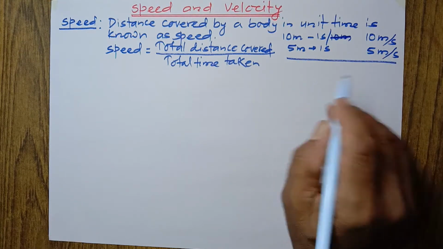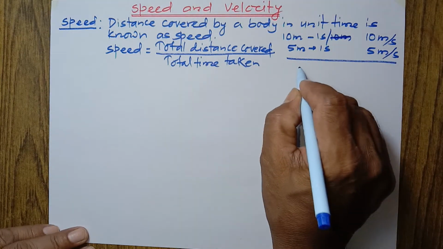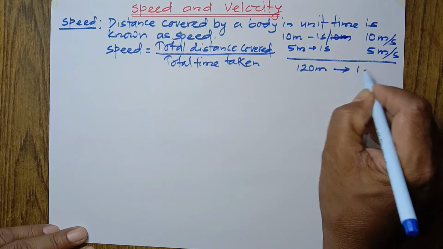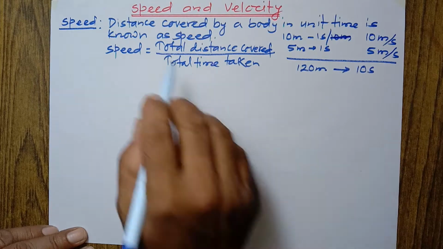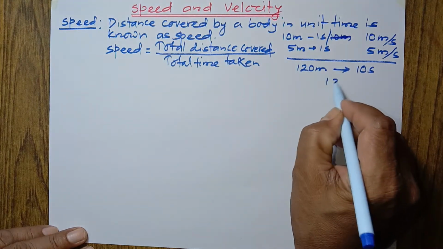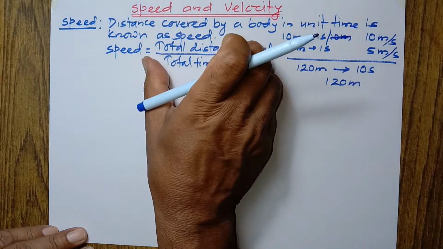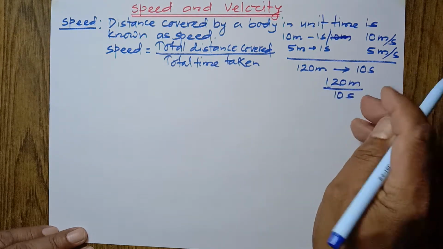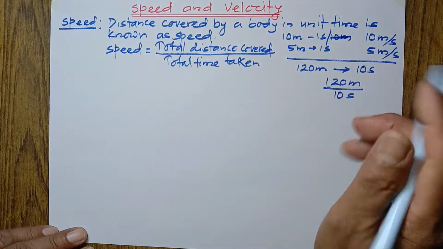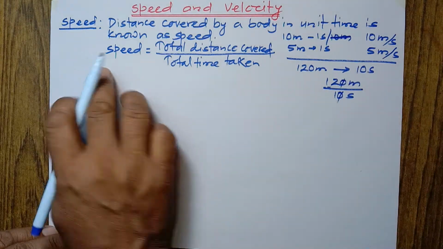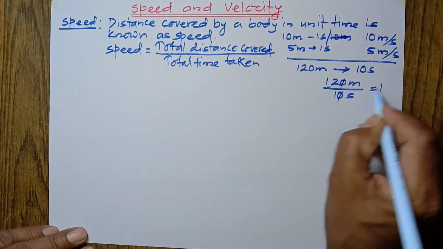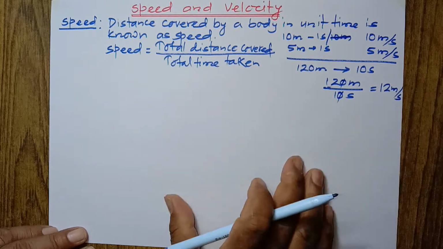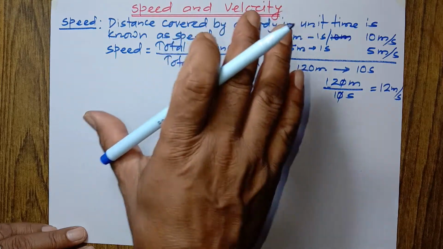Let's say a body moves 120 meter distance within 10 second time. Then total distance covered is 120 meter and 10 second is the time to cover that much distance. That's why the speed of that body can be calculated by using this equation, that is 12 meter per second. This way we can define speed.